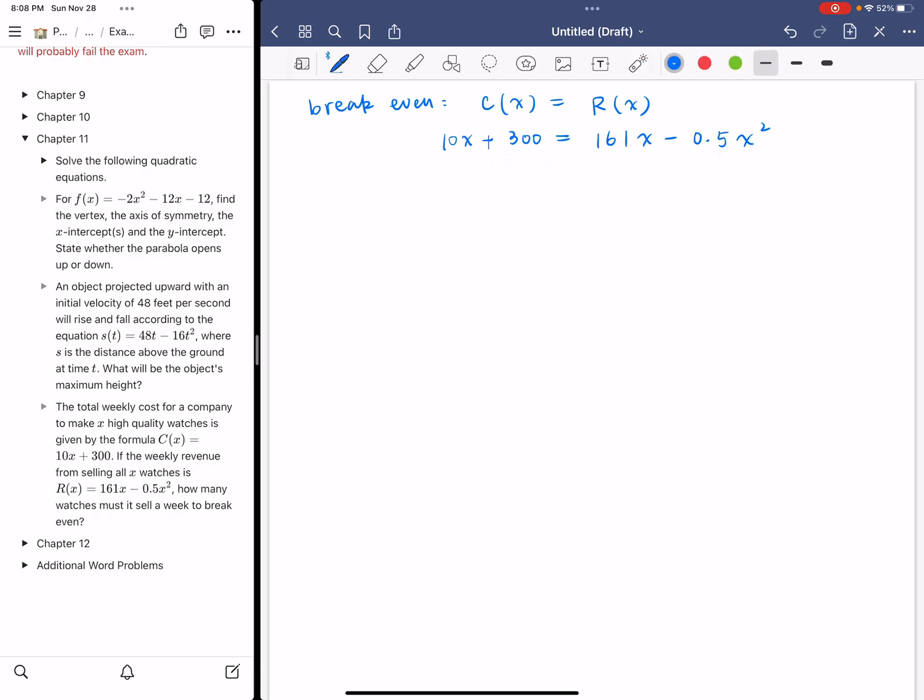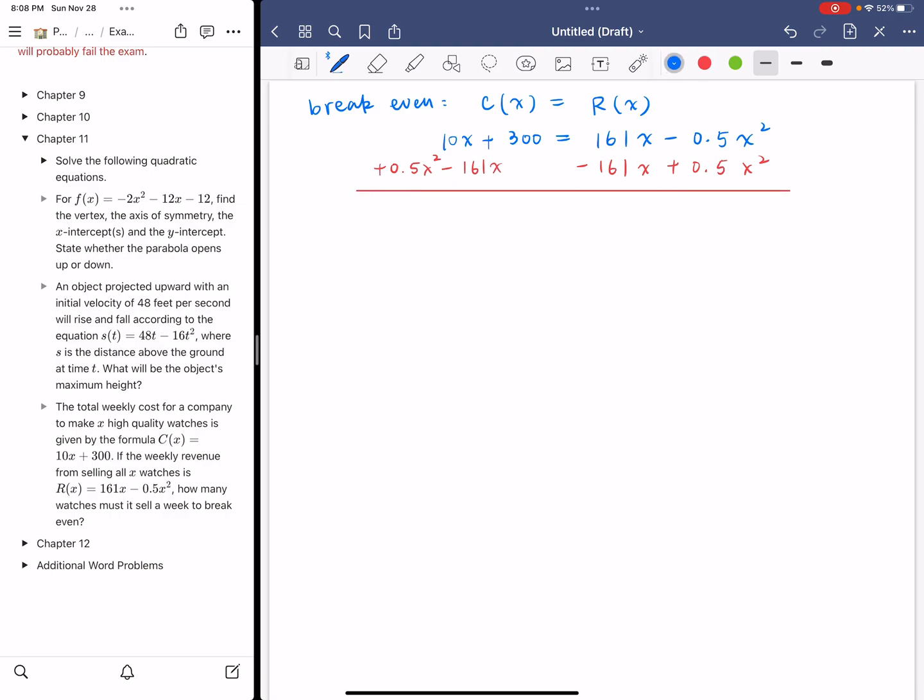So we're going to do the inverse operations of plus 0.5x squared and minus 161x. So these two are the inverse operations that we need to do.